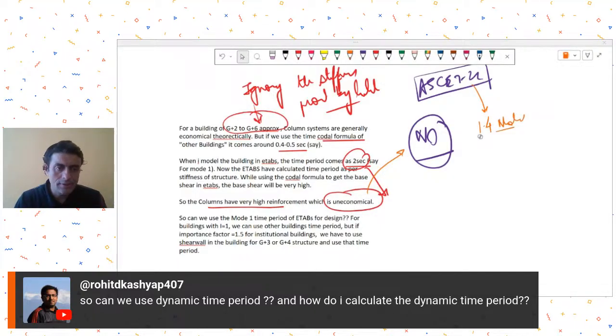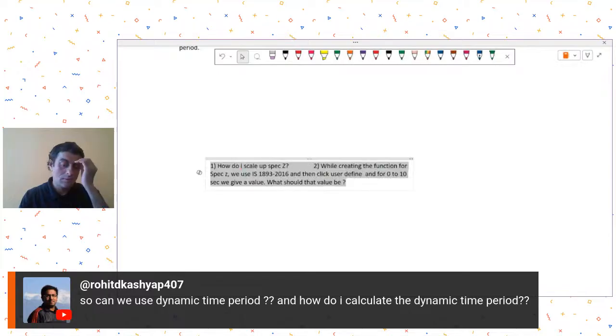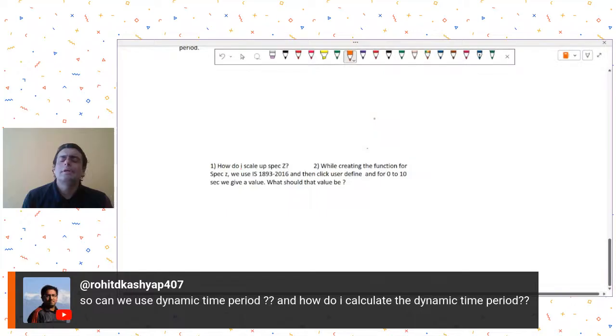Okay. Then his second question is, how do I scale up the vertical EQ spectral acceleration in Z? I don't think there is any scaling up that is mentioned for this, because how will you calculate?